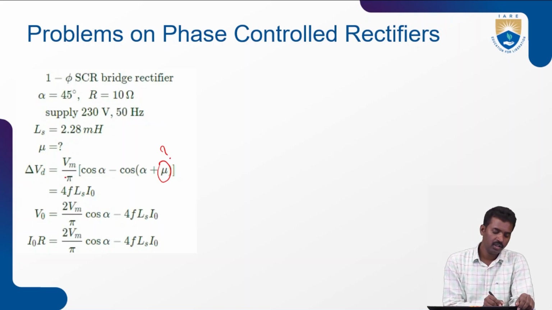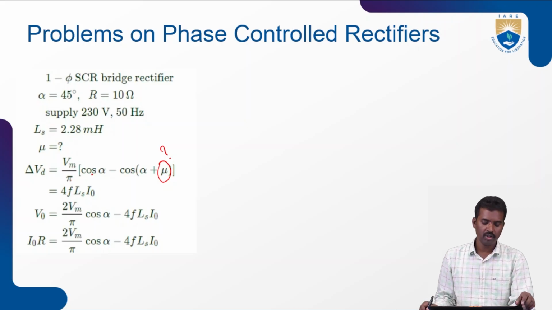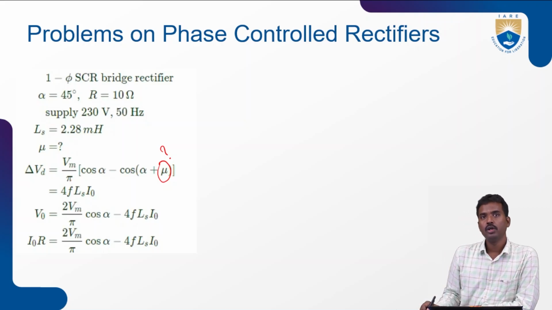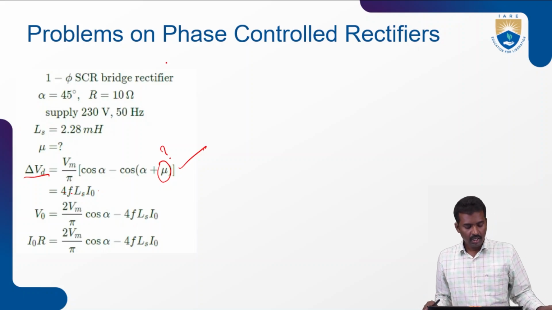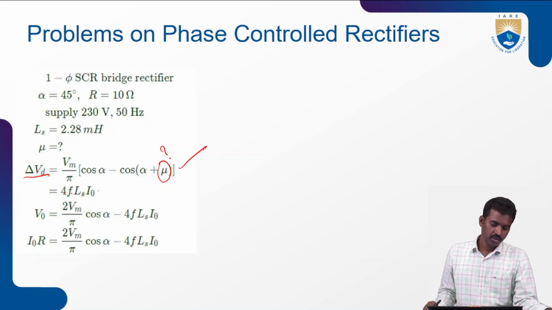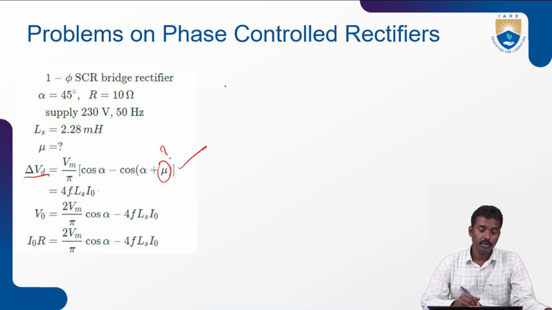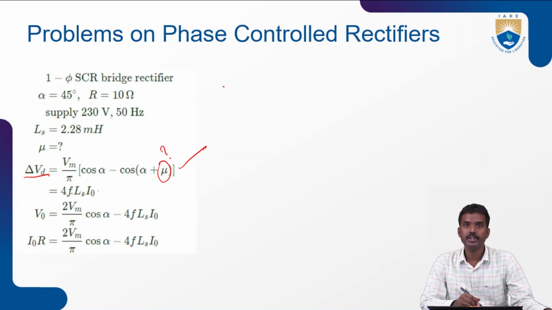Delta Vd equals Vm by pi into cos alpha minus cos alpha plus mu. We know very well this formula. So delta Vd equals 4 into F into Ls into I naught. F is given and L is given, 2.28 millihenries, F is 50 Hz, and I naught you need to calculate.